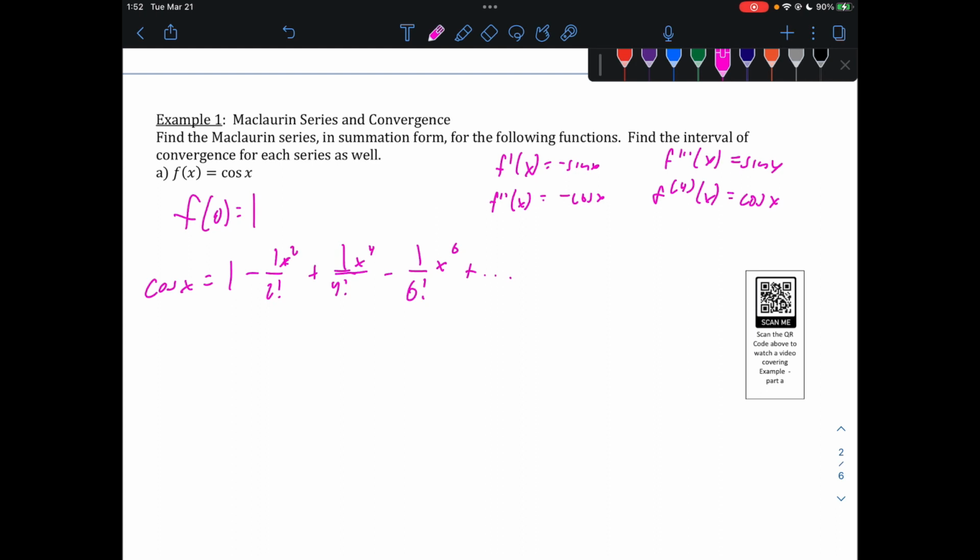In sigma notation, we're going n equals 0 to infinity of negative 1 to the n of x to the 2n over 2n factorial, right? Because all we're doing is going 2, 4, 6, 8, and then we're switching signs back and forth each time. And the first one would obviously be 0 factorial.